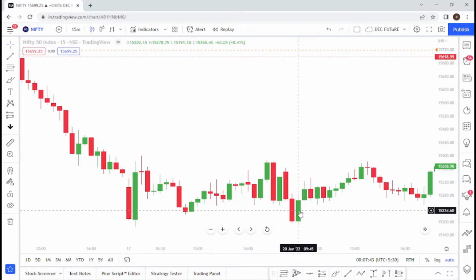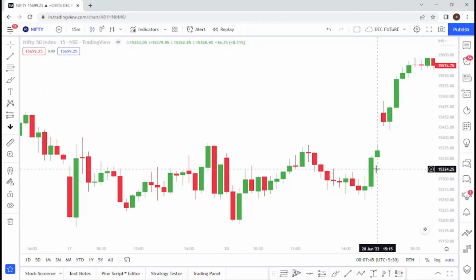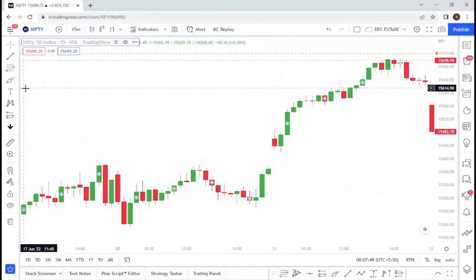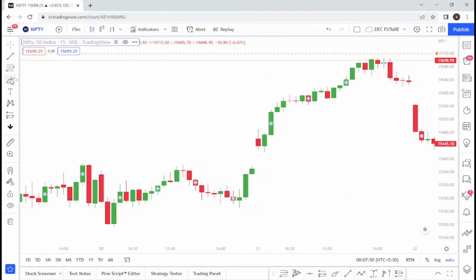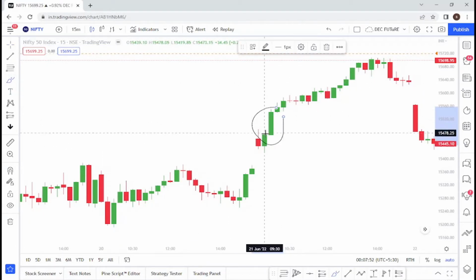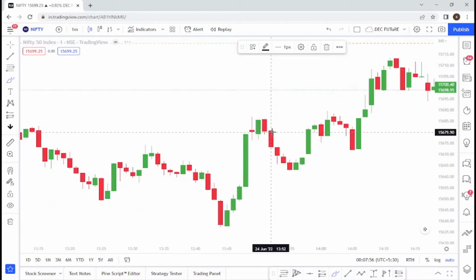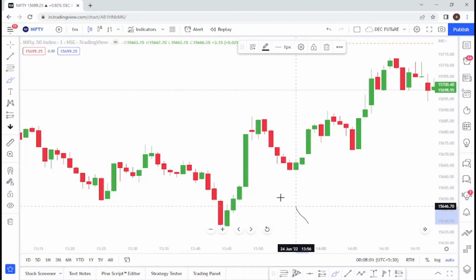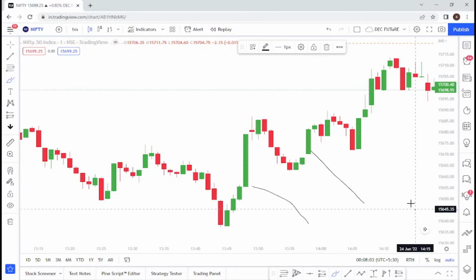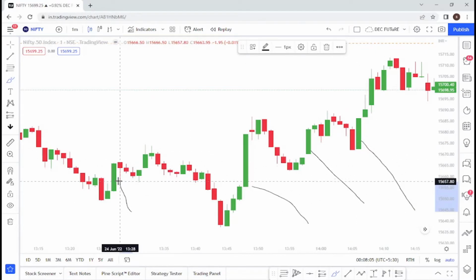These are your green Marabozu candles, and this one as well. So these are all in the 15 minute time frame. Now we'll also have a look at 1 minute. Even in 1 minute you will find a green Marabozu candle indicating there is a strength of buyers. These examples, 1, 2, 3, this one.